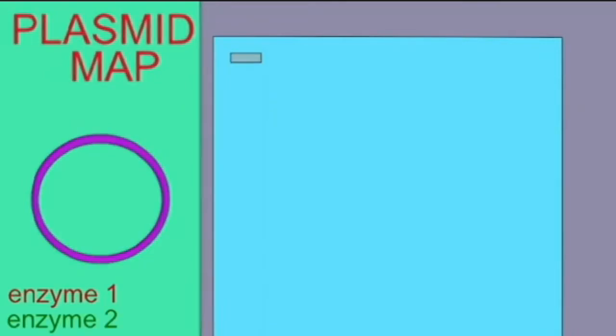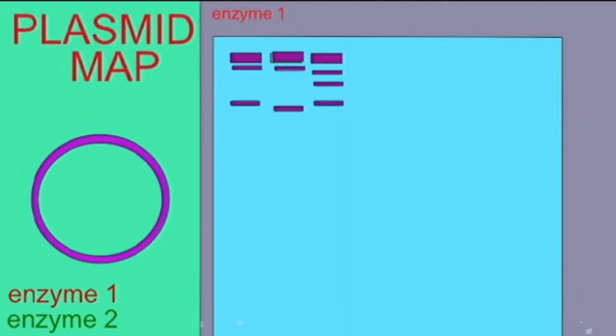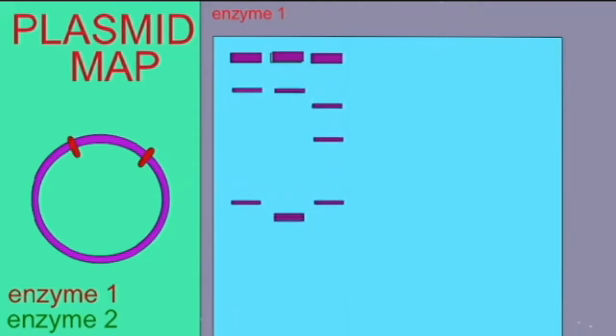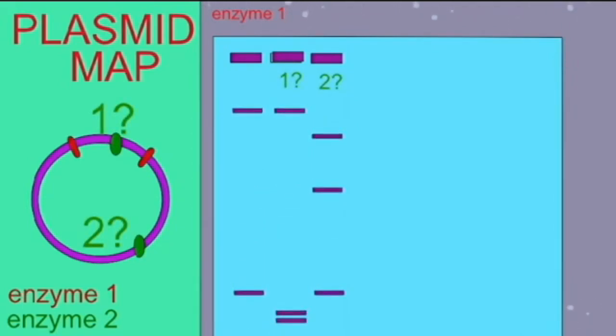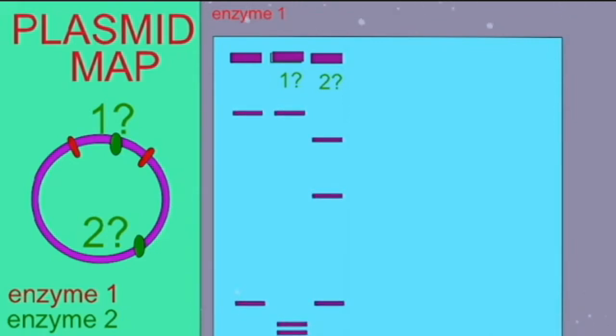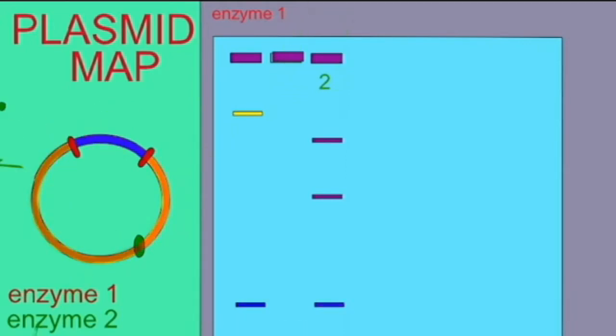If you add a restriction enzyme and then get two pieces, that means that restriction enzyme makes two cuts. The only way you can turn a circular piece of DNA into two separate pieces is to make two cuts. If you then add additional restriction enzymes and get three pieces, or four cuts forming four pieces, you now have an idea of the fragments that you have to map.